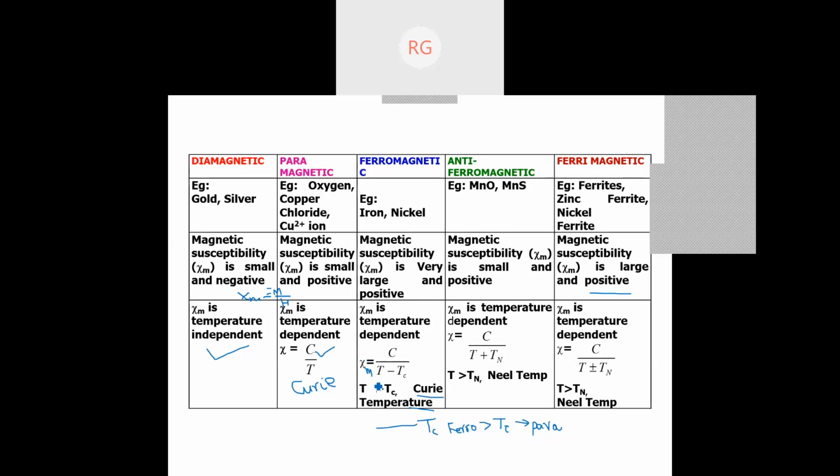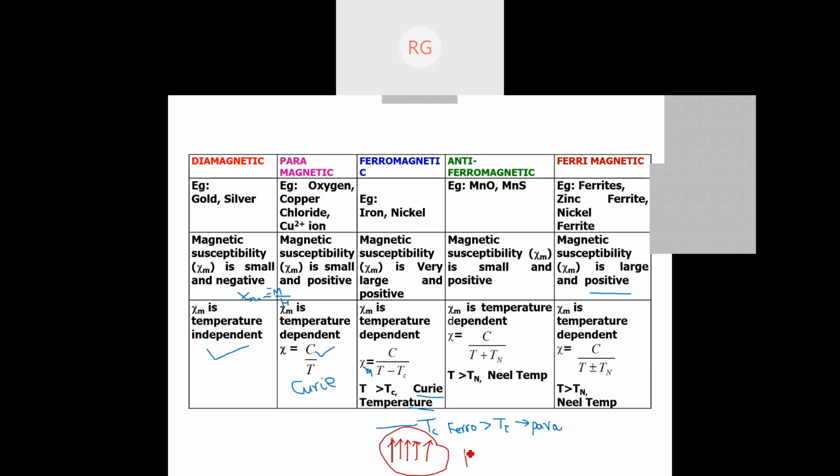So why does increasing the temperature more than Tc convert the ferromagnetic materials into paramagnetic materials? We have seen that ferromagnetic materials have spins exactly equal and oriented in the same direction, something like this. Now, if I increase the temperature, the increased temperature increases the kinetic or thermal energy in the substance.